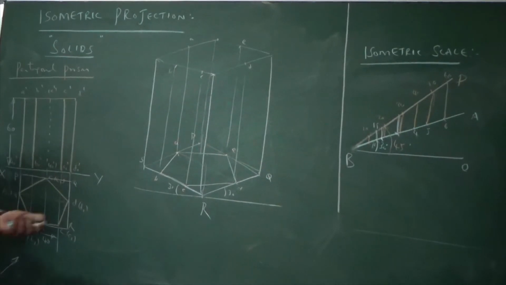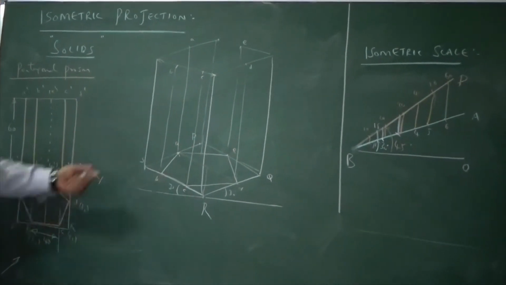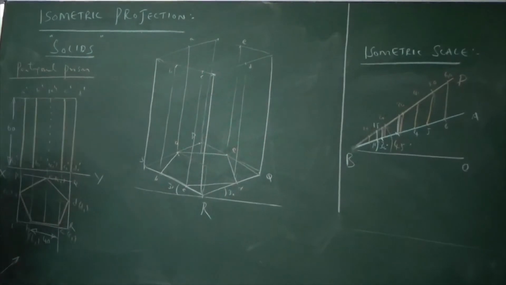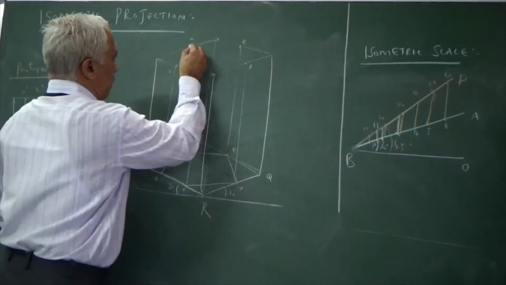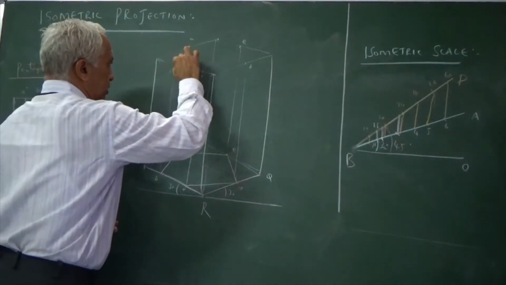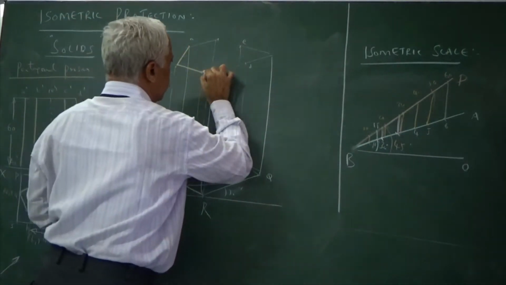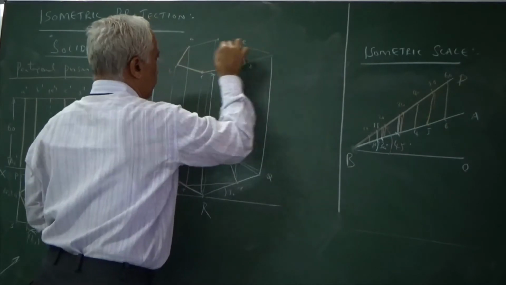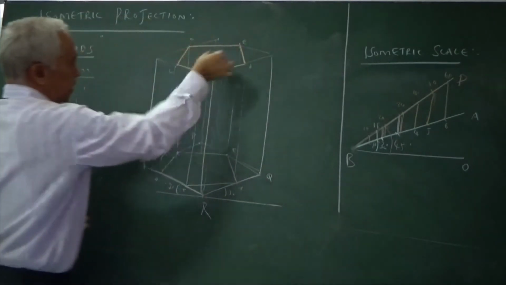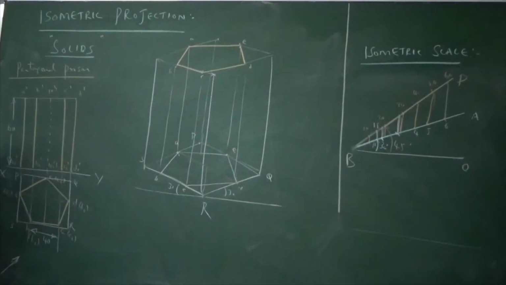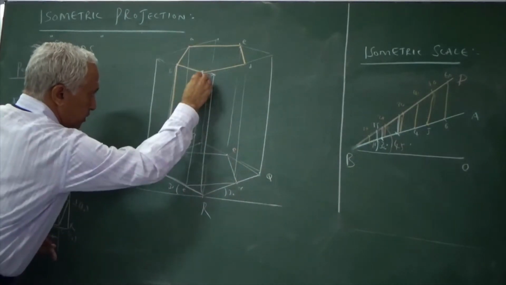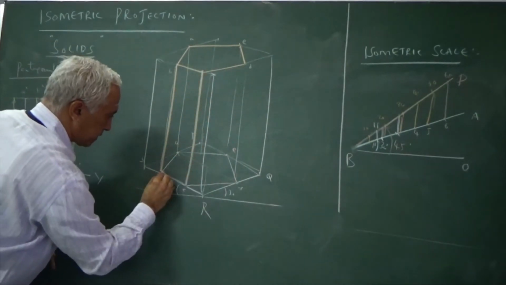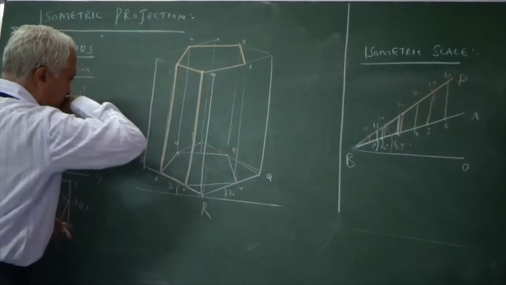Now if you darken the pentagon, those rectangular faces which are visible come from the top to the bottom. So join A to B, B to C, C to D, D to E, back to A, the top face of the pentagon. Now we see the rectangular faces: B to B, C to C, BC, so this rectangular face is visible.